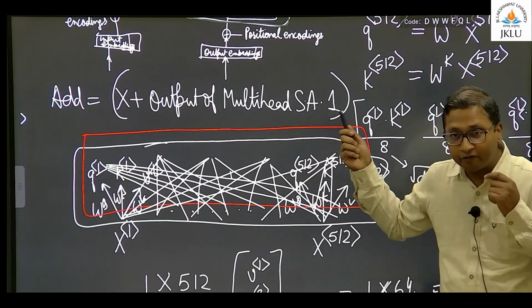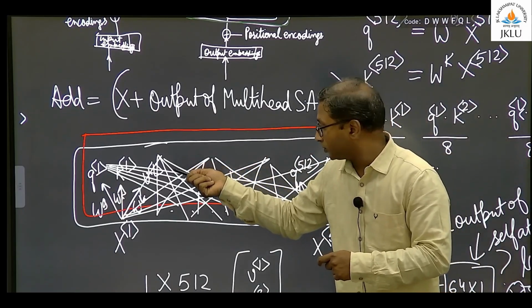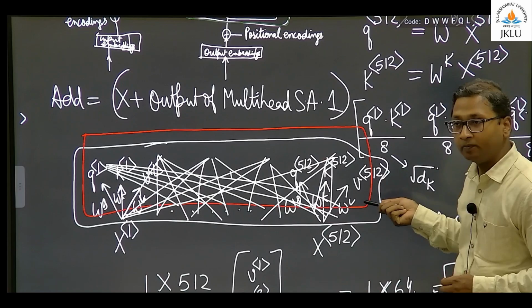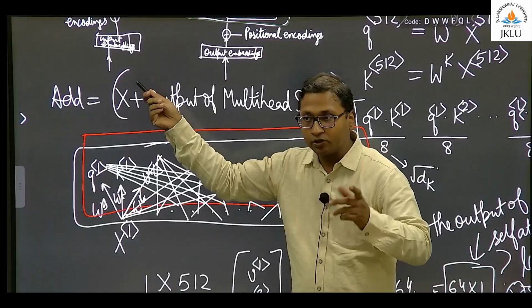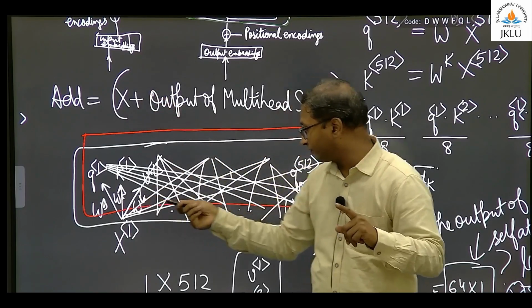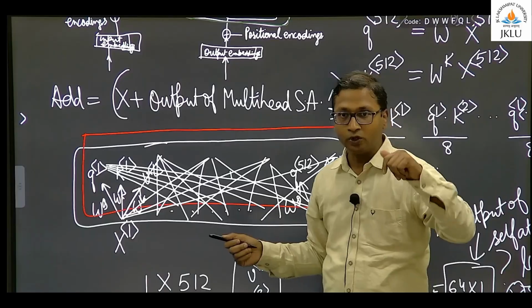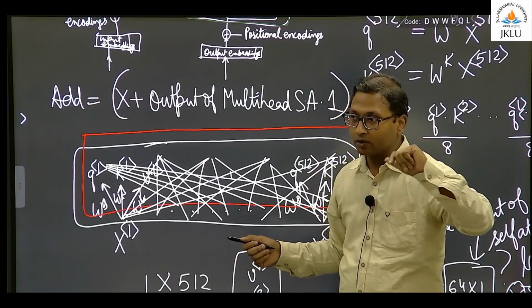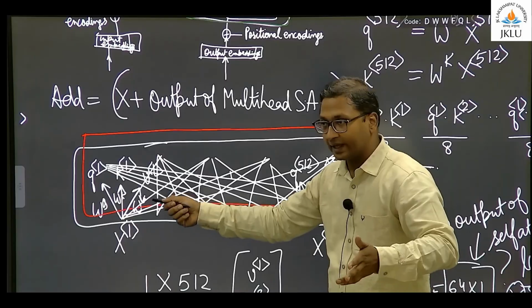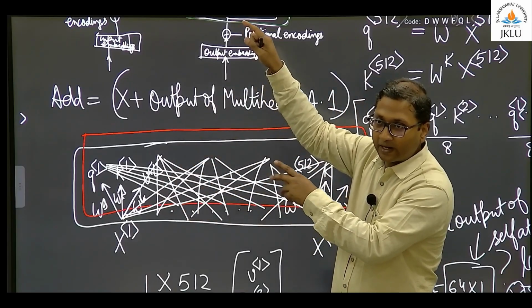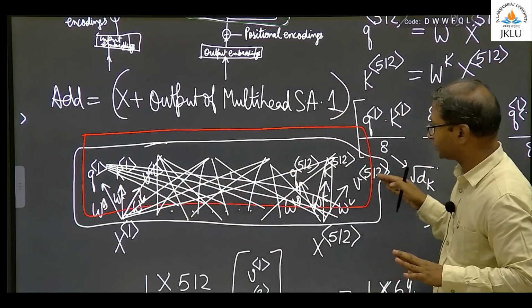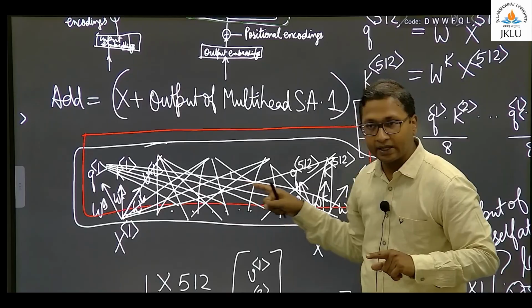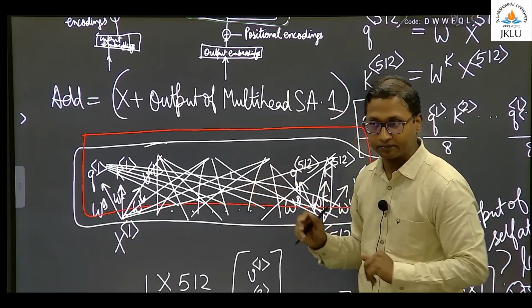So for every output, you are taking inputs from everybody here. For here output, you are taking inputs from everyone here, right? Because you do Qi dot Kj and then finally multiply it with the vector v. Okay, so this is what you have. So everybody here takes input from everybody.